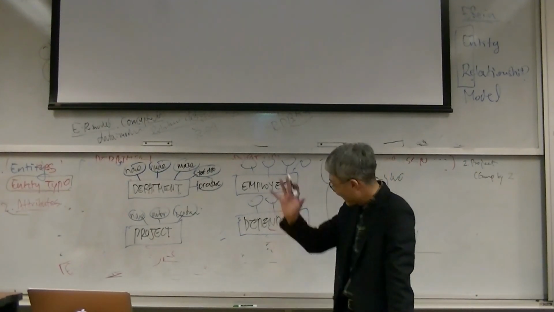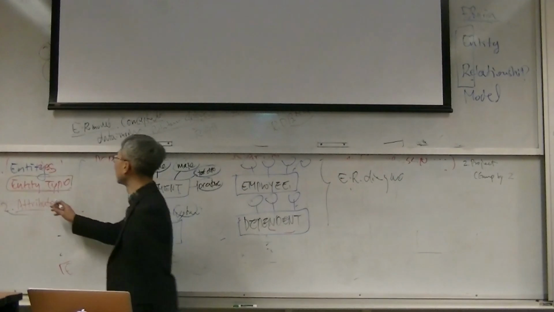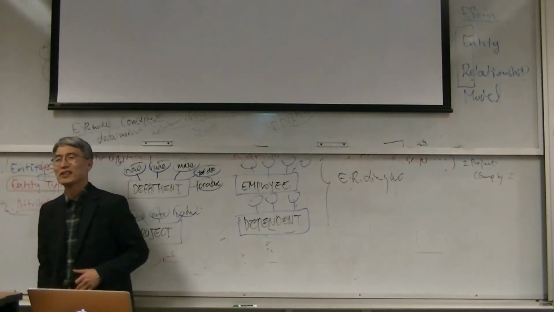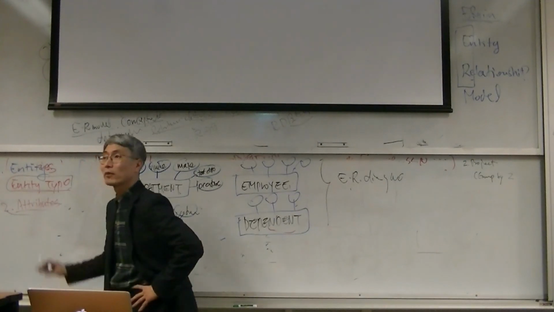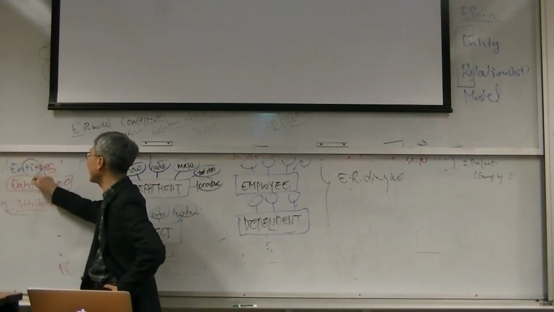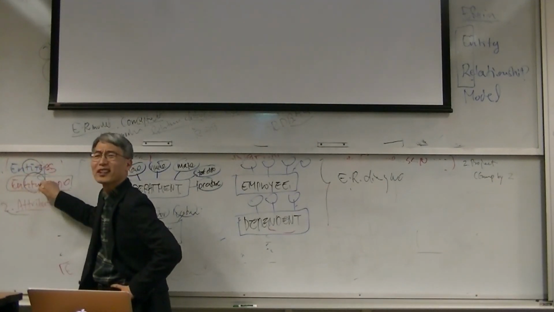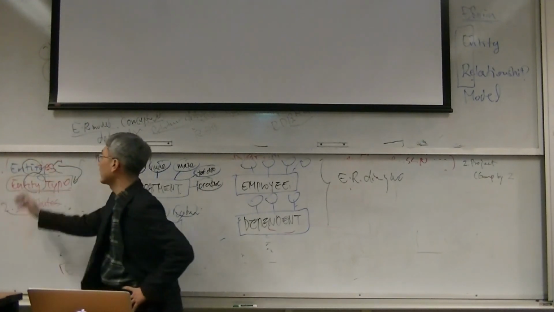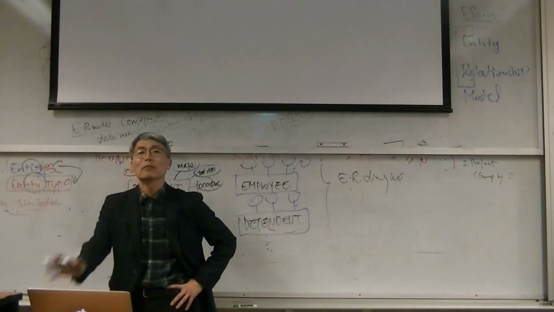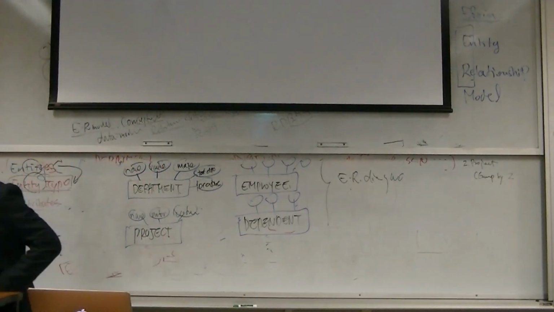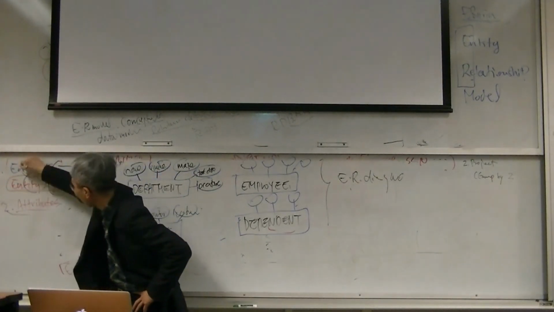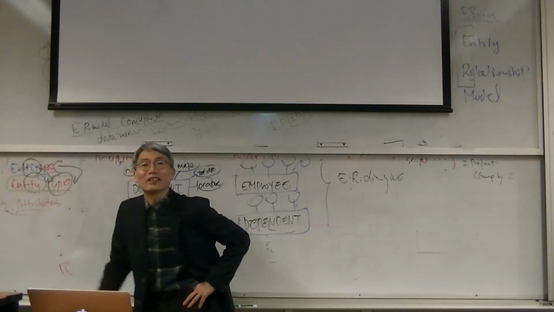Okay. Lastly, sometimes entity type is confused. So from now on, when I say entity, that means entity type. So we can interchangeably use entities and entity types. After graduation, if you join a real project, nobody says entity type. When you are using entity, that means it's an entity type.